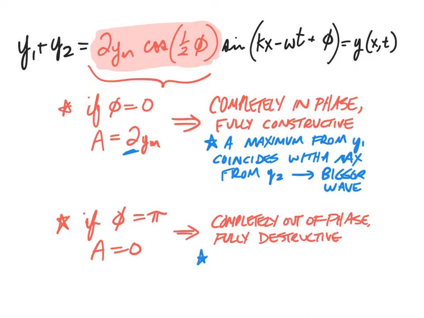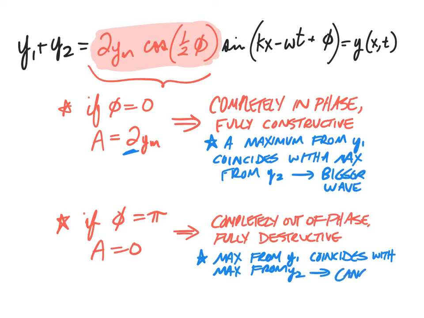And so what you have here, max from Y1 coincides with max from Y2, they cancel out. Amplitude 0, wave gone.